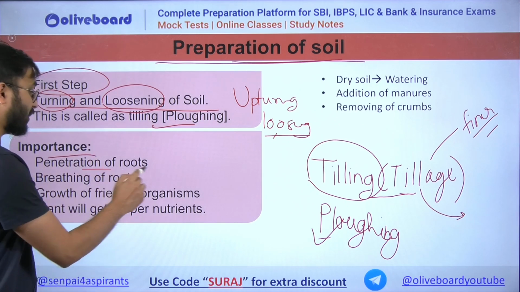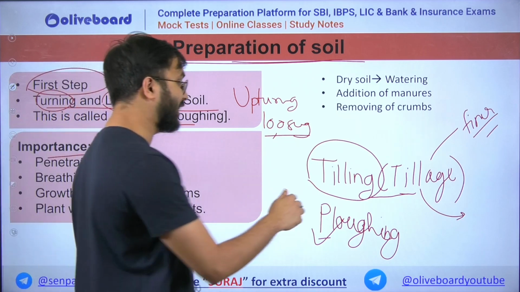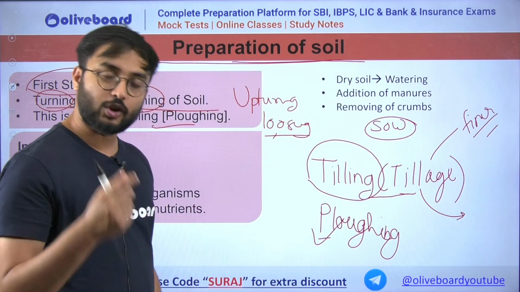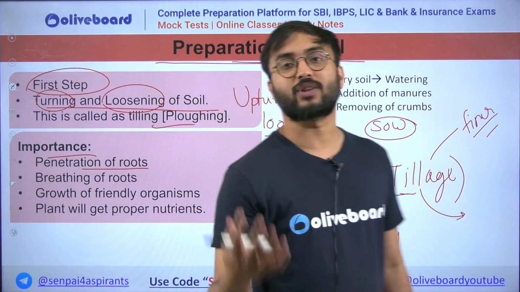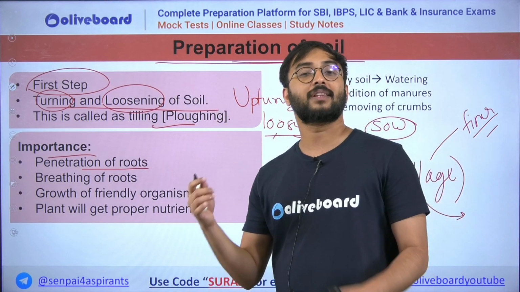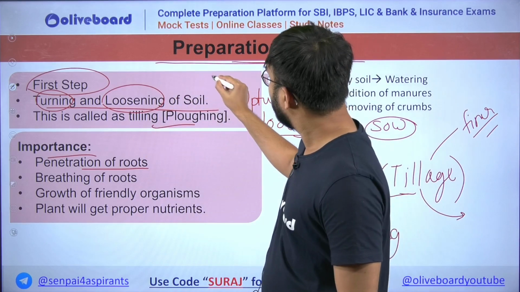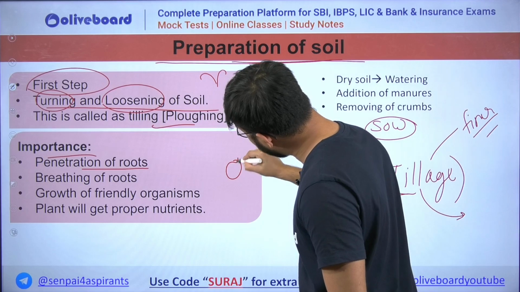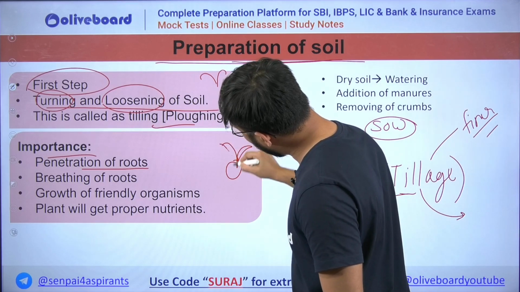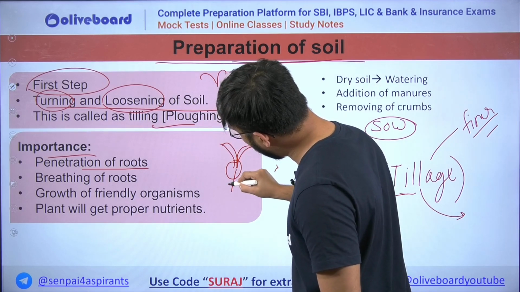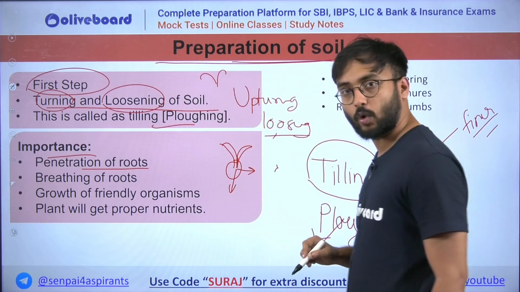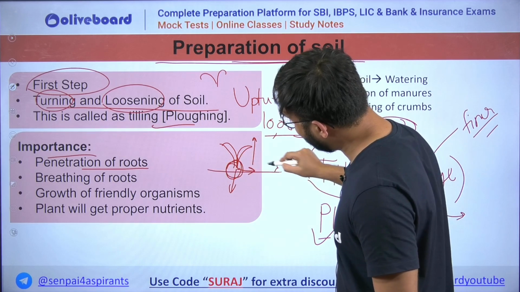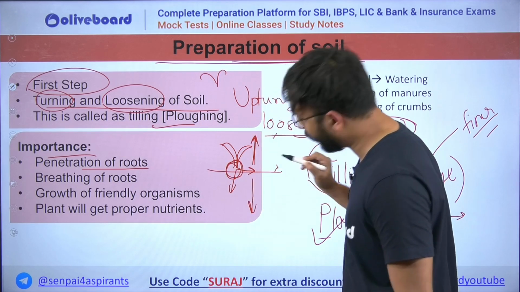The first thing is, whenever you are going to sow the seed in your field, we all know the germination process is the first leaf, the plumule, which comes out of that particular seed. Germination from the seed happens either at the top surface or at the bottom surface.